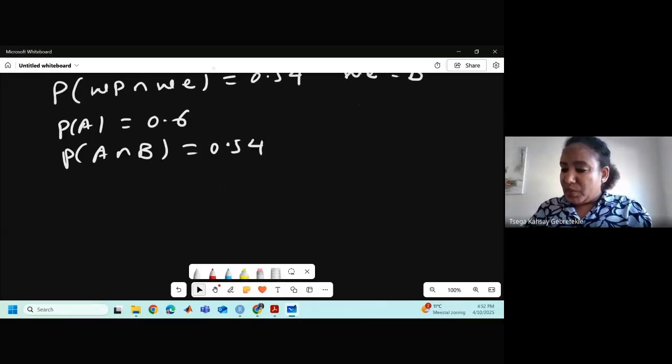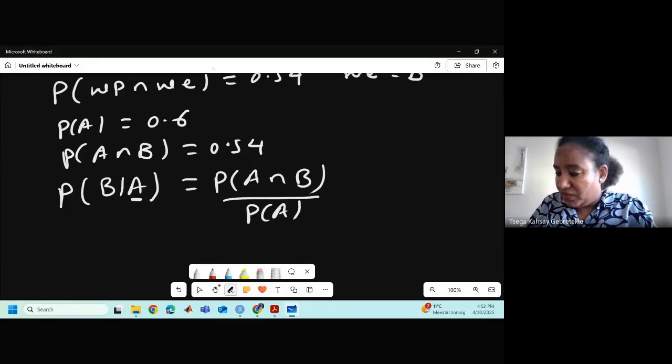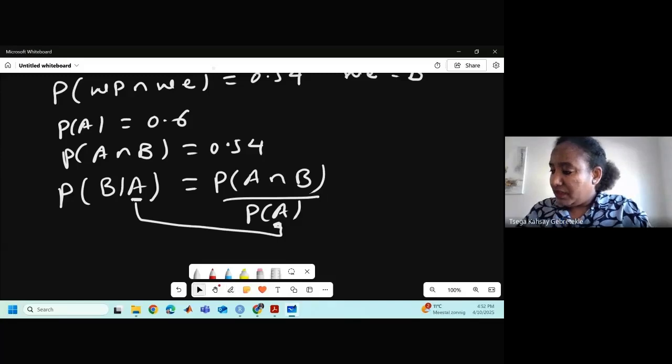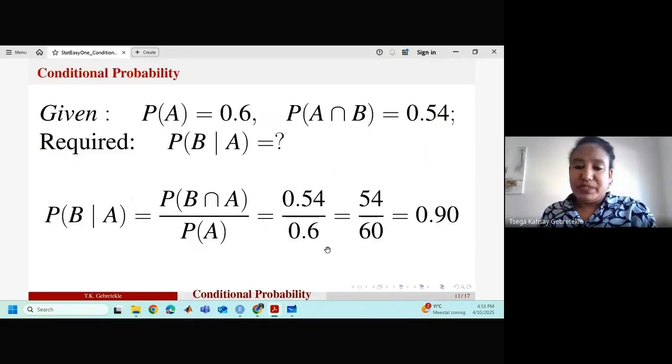Then we are asked to find probability of B given A. The probability of well executed given that it is well planned. And that's just probability of A intersection B divided by probability of A, because that is a given condition. Then 0.54 divided by 0.6. And that's 0.90.